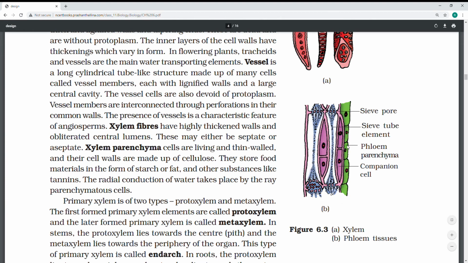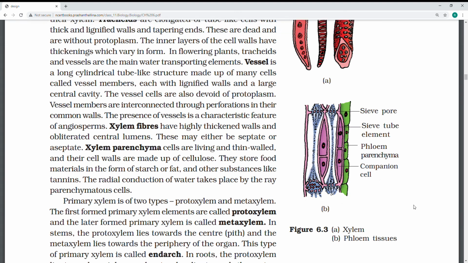See the sides, which are phloem parenchyma. See the companion cells. Sieve elements are either living or dead depending on the type. Only phloem fibers are dead. All sieve elements are living.